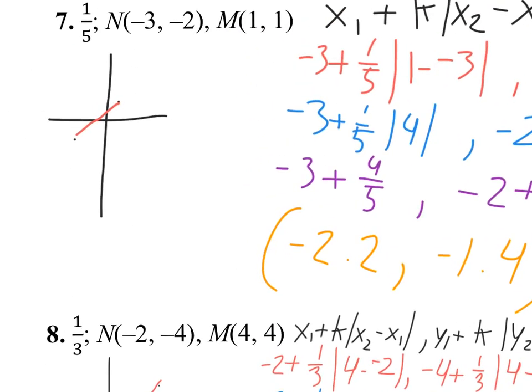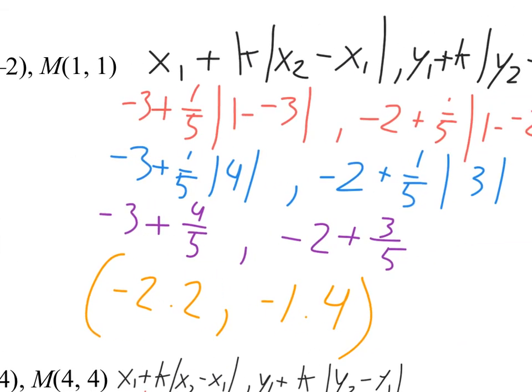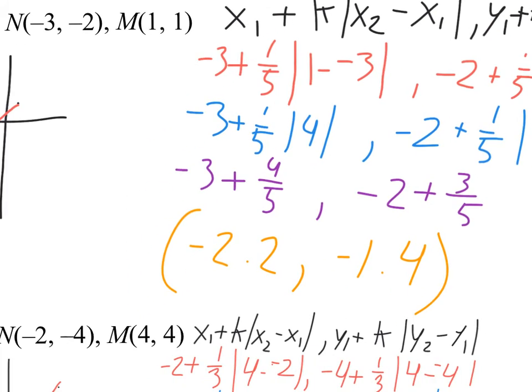Same sort of thing previously. Here, we have a positive slope, and so we use the version of our equation that's going to add values to our x values and add values to our y values.